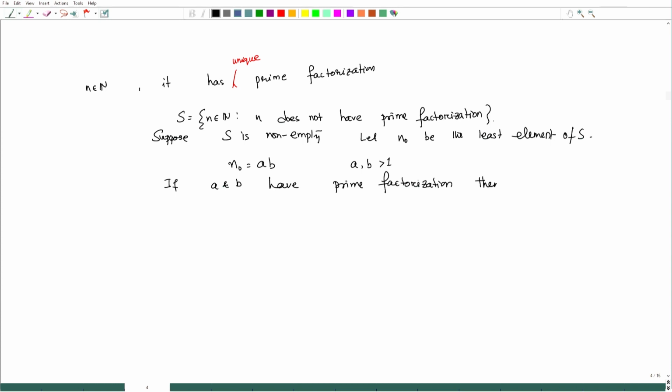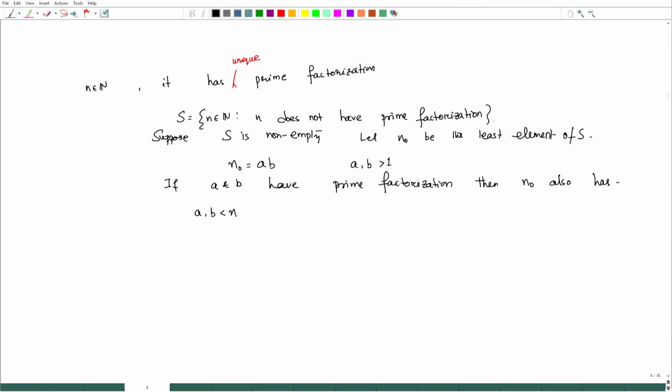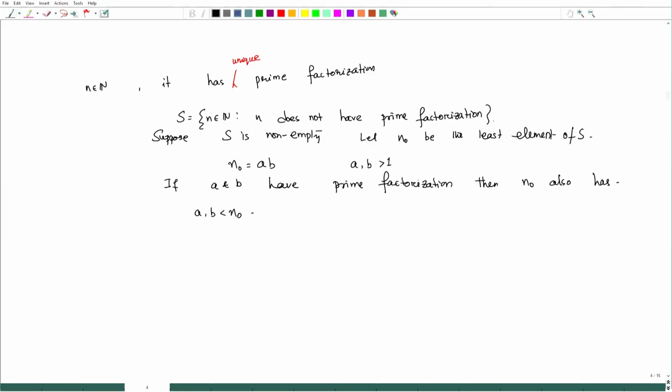then n naught also has a prime factorization, which is a contradiction, since we are assuming that n naught does not have a prime factorization, because it belongs to S. Now, if they do not have one, notice that a and b are less than n naught. They do not have prime factorization, so they have every right to be members of S, but n naught is the least. Therefore, that is again a contradiction.